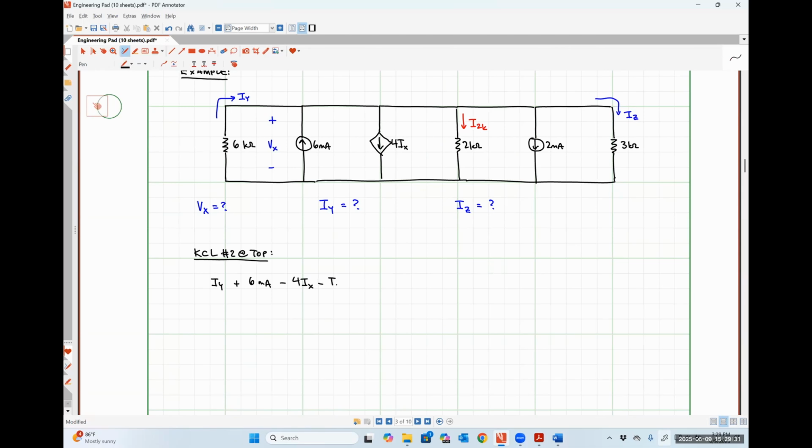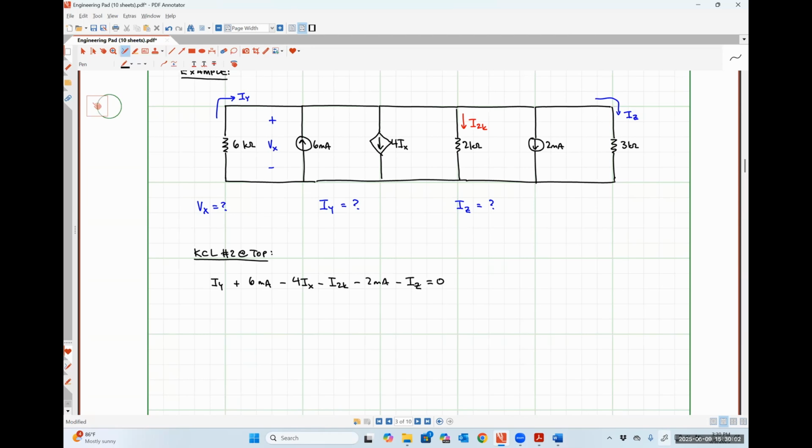So here's I2K like so. What about the 2 milliamp source? Is it flowing into or out of the top node? Out. So it'll be minus 2 milliamps. And then lastly, that current Iz, is it flowing in or out of the top node? Flowing out.